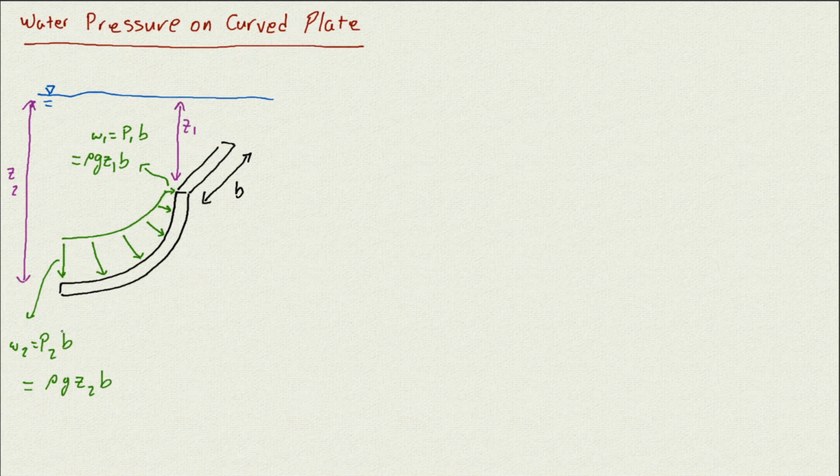And remember, we multiply it by b so that, instead of considering it as a 3D condition, we just consider it as a 2D condition. So we bring all the pressure in 2D on the front surface of that. Now, if we have that, it would be like that, and we might have the resultant force applying somewhere there.